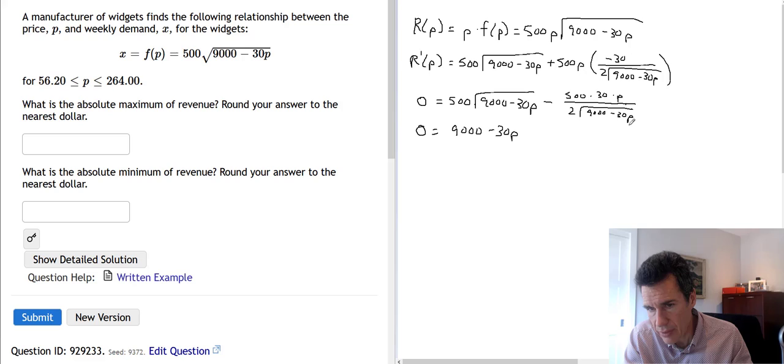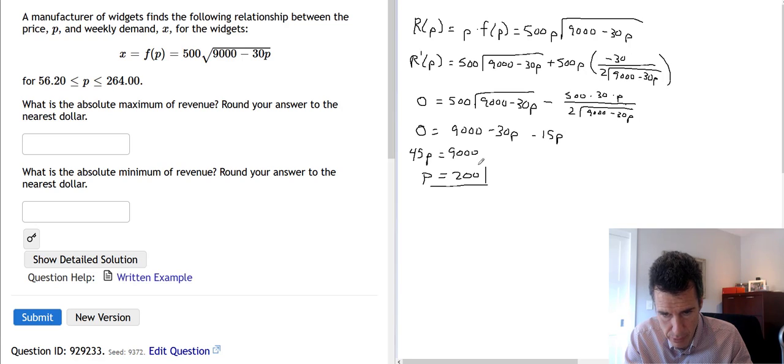And we have 30 over 2, so that's minus 15p. So that's 45p equals 9,000, p equals, let's see, that's 200. So that's my critical number.